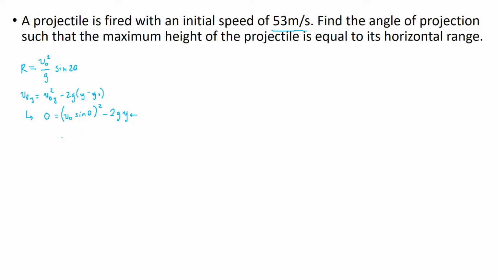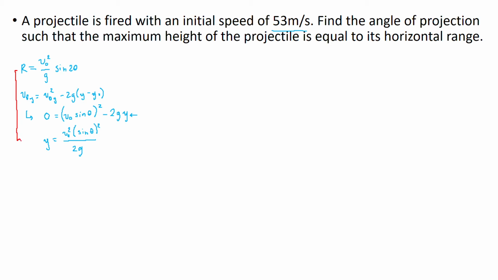Okay, so solving for y, we know that the initial velocity squared times sine of theta squared over 2g is equal to y. Now we want to make that maximum height equal to the range.